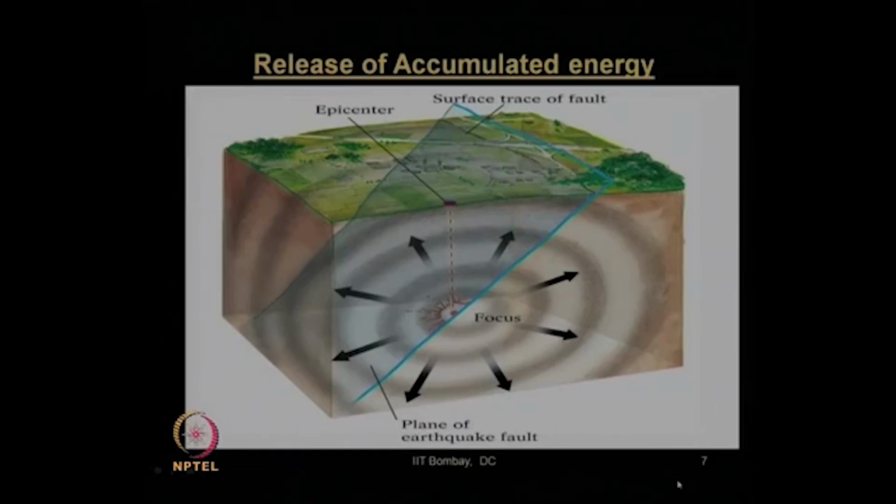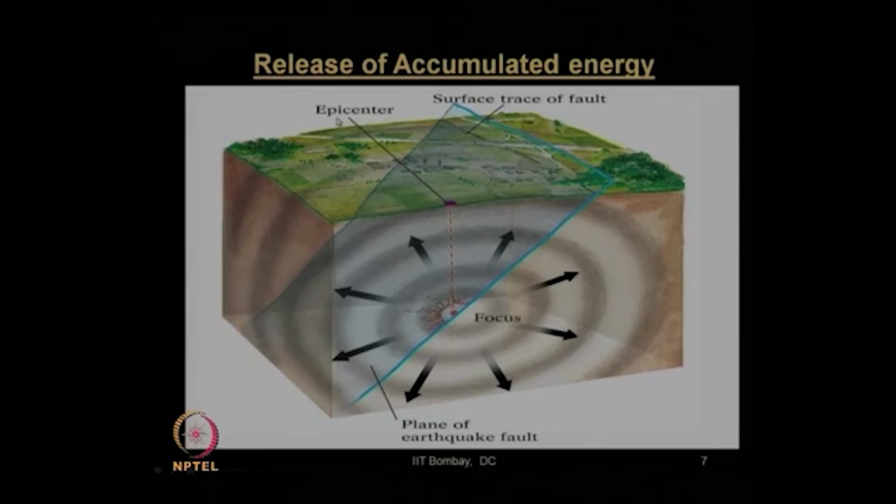Then we have discussed the release of accumulated energy during an earthquake process. The point below the ground surface where the energy gets released, we call the focus or hypocenter of the earthquake, and then the seismic waves travel in all directions from that point of focus.